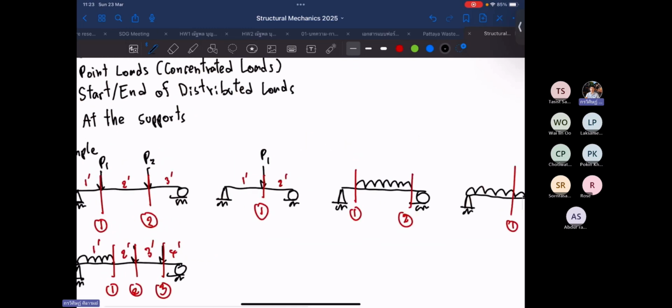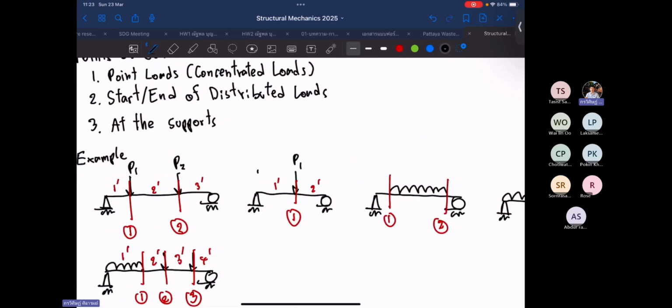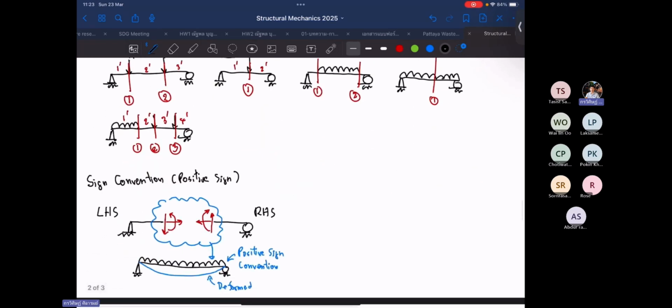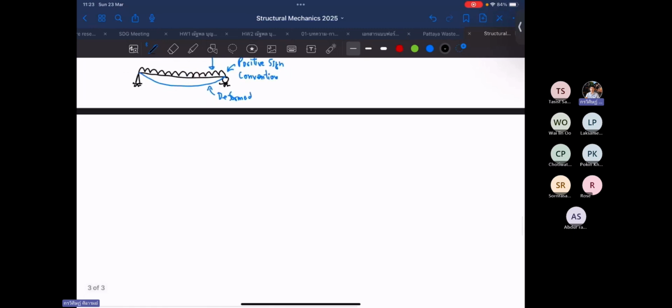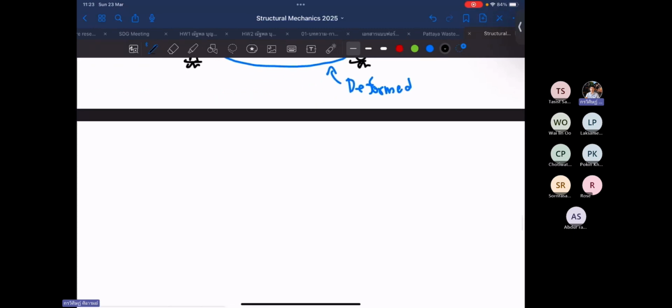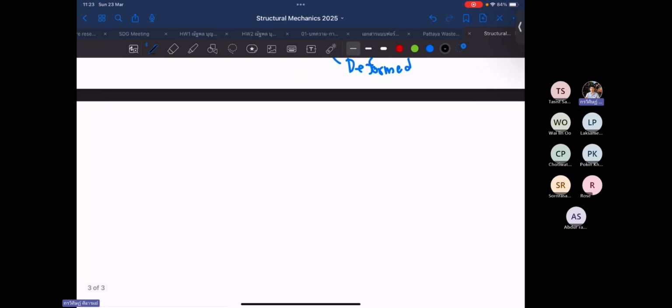Then when we cut the beam, we will assume the corresponding length, and then we vary the length in order to get the distribution of the forces. I think this one has to be studied by example.